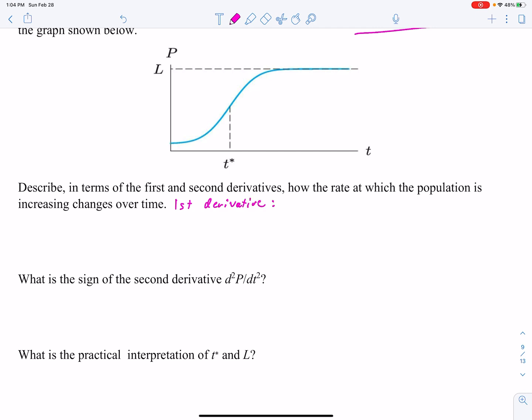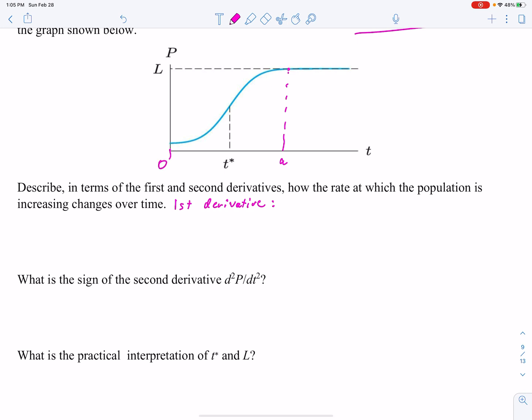All right, let's look at that first. The first derivative tells us if the function is increasing or decreasing. So I'm going to add some points in here. Right about here, we're going to call that A, and of course we'll call this 0.